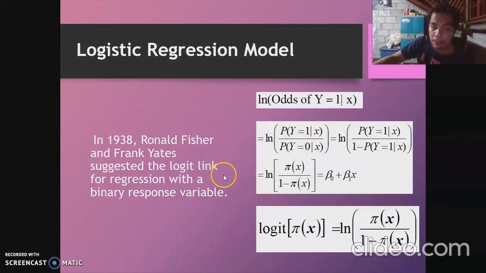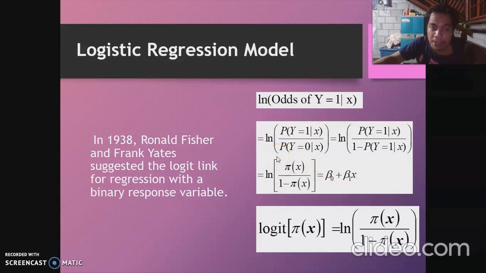In 1938 po, so these two persons suggested that when using logistic regression, kailangan yung mga i-input natin doon ay a response in the binary variable or predictor variable binary. So, yun yung resulta niya.